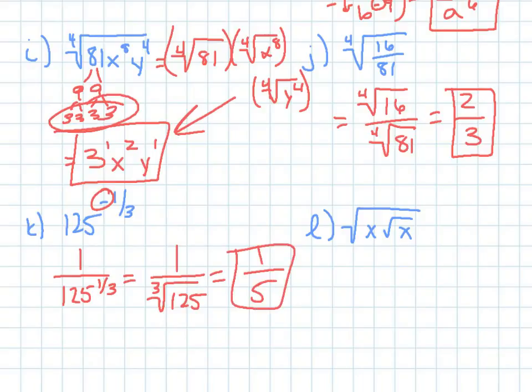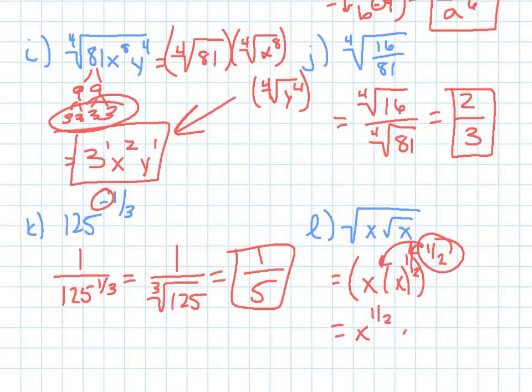And then for the last one here, this one will probably be easier if I change it to rational exponent form. So that gives me x times x to the 1/2 power. And then the other one is to the 1/2 power. So now I can use my power property and take them both.